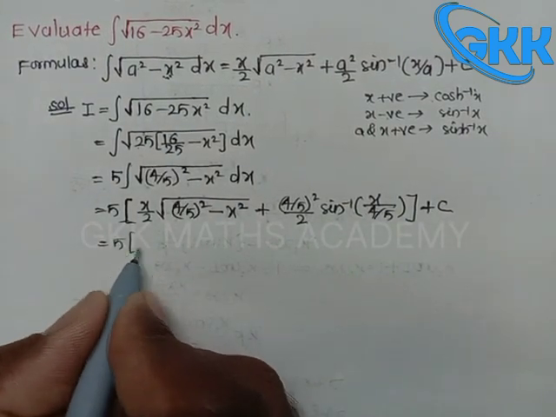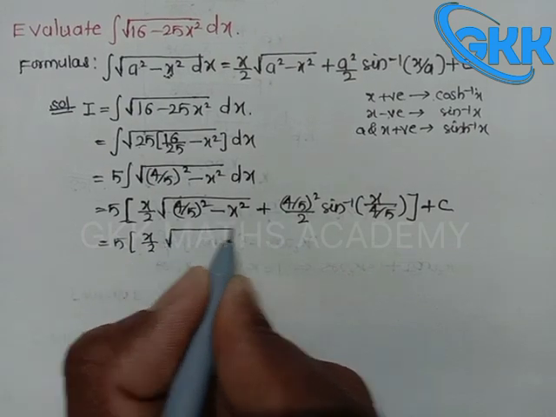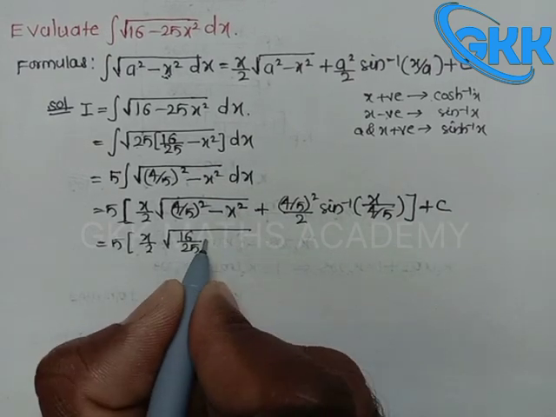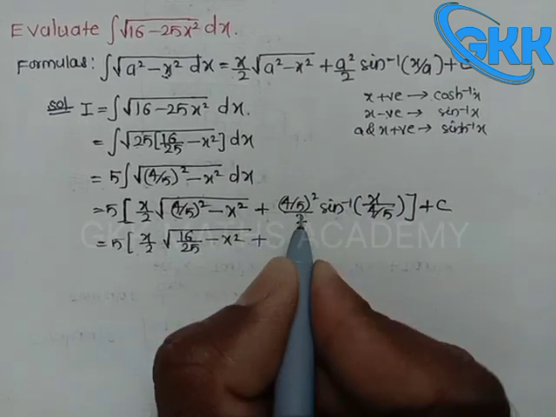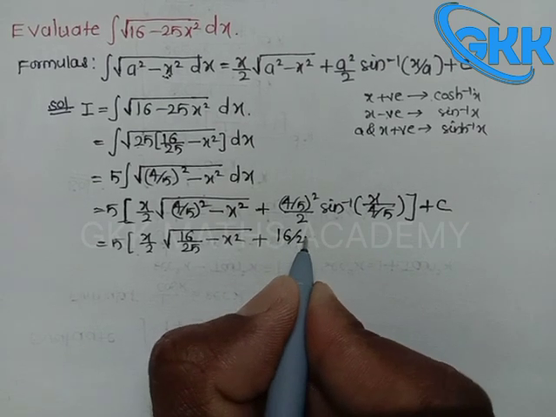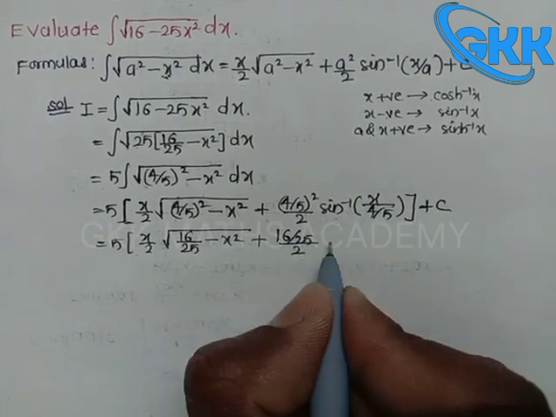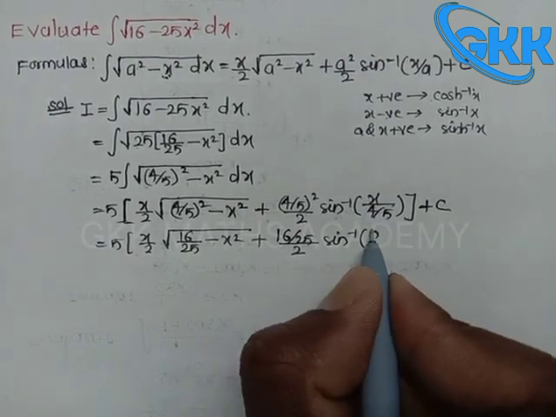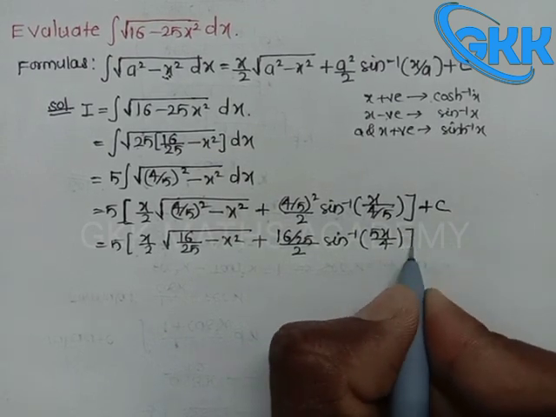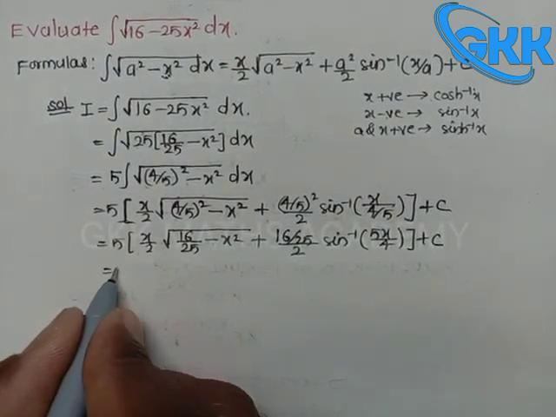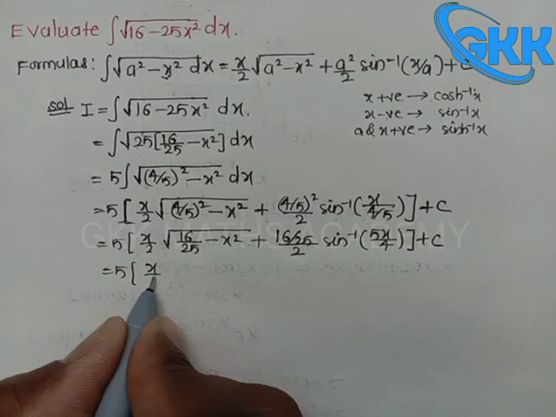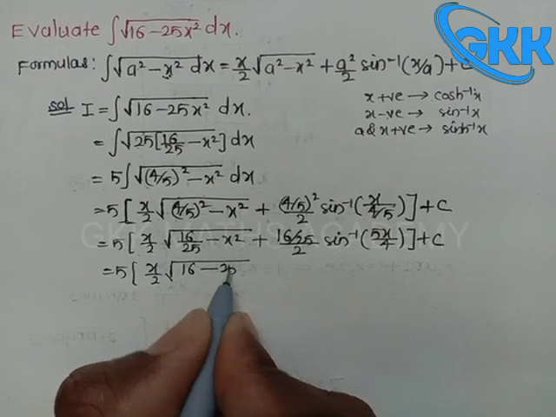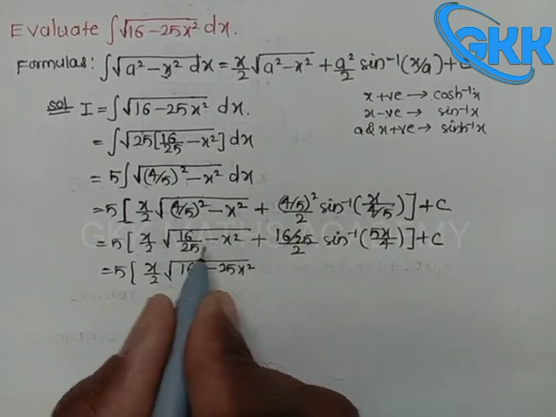Now 5 times x upon 2 times the square root of 16 upon 25 minus x square, plus 16 upon 25 upon 2 sine inverse, where the 5 goes to the numerator, 5x upon 4, plus c. Doing the LCM, we get the square root of 16 minus 25x square over 25.